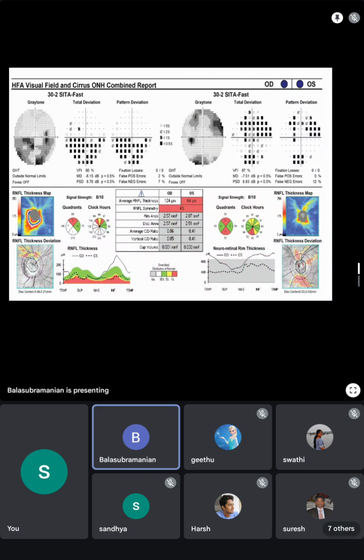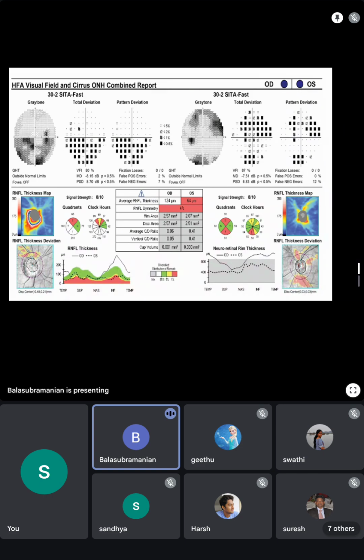And you can compare both the eyes, field and structure, both. This is called a Hood report in some machines, but it is basically structure function correlation. This software is available in all the recent machines. So we have graduated from a single field analysis to an overview analysis, the different findings, and now to structure function correlation.